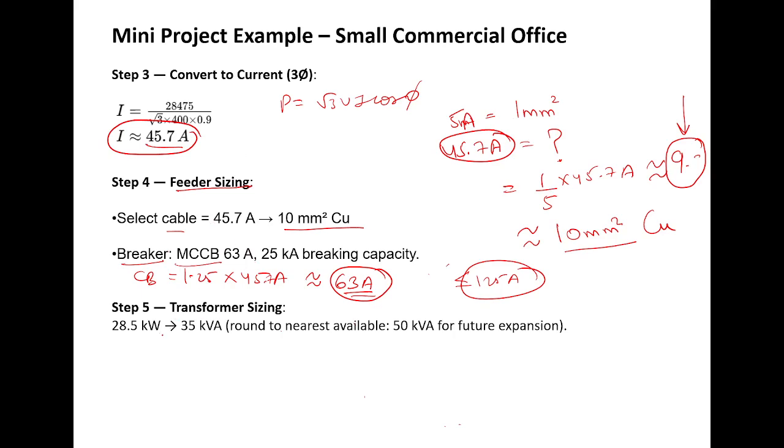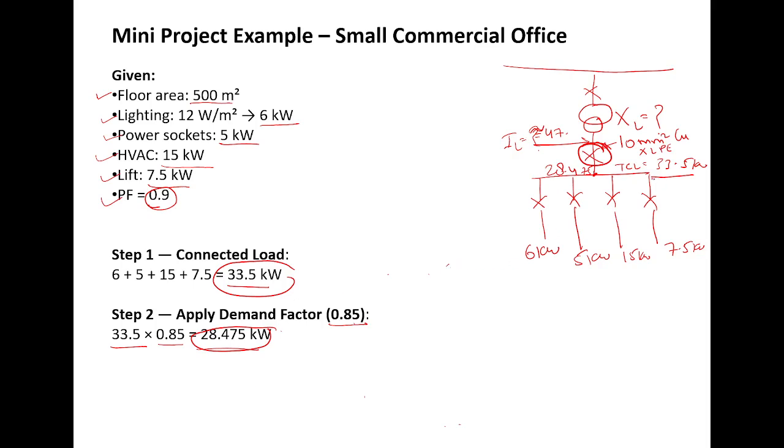Now coming for the transformer sizing. Yes, please. What happens if you use MCB instead of MCCB? Okay, if you consider cost, then MCB will be cheaper. But exactly, because if in future you add some more additional loads here, in MCCB you can make some settings.